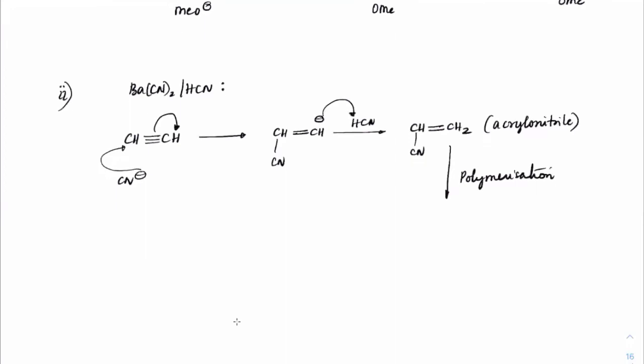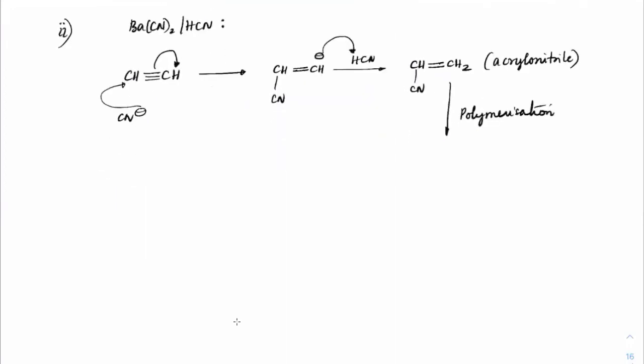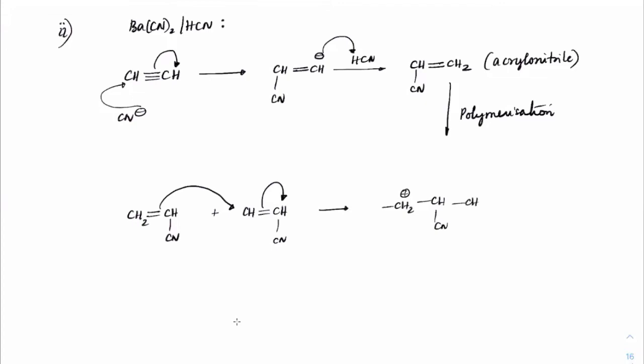On polymerization, what would happen? See how the polymerization usually takes place. We have CH2 double bond CH, CN this way, right? And another molecule, suppose you have CH2 double bond CH, CN this way. So this pi will attack here, this will move. Correct. So we will get CH2 plus with CH, CN, and again CH2.